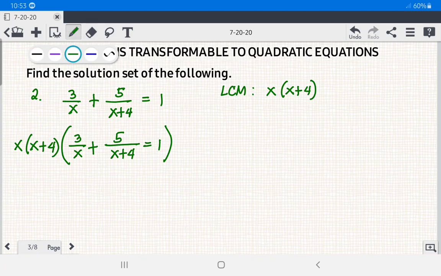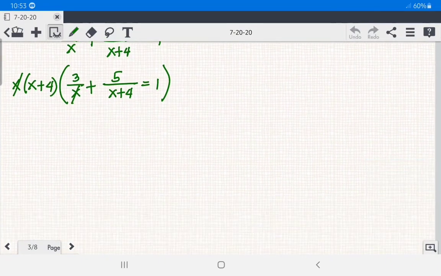So here, let us cancel x, okay? Then, we have now x plus 4 and then 3, okay? We're going to multiply that. We have 3 and then x plus 4.